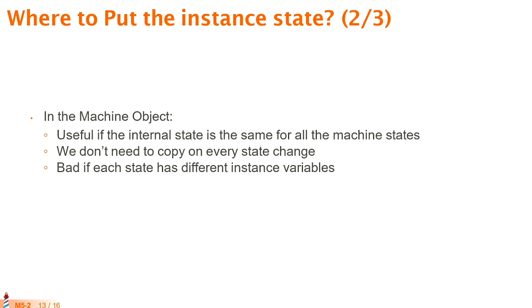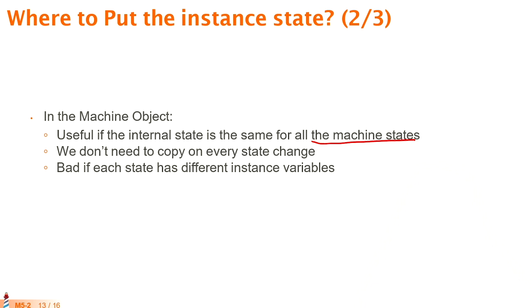If we put it in the coffee machine object, this is useful because this state is used by all the machine states. So they are common. They can delegate to the coffee machine to use the internal state of the coffee machine.